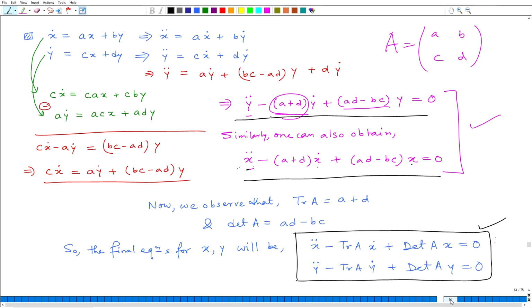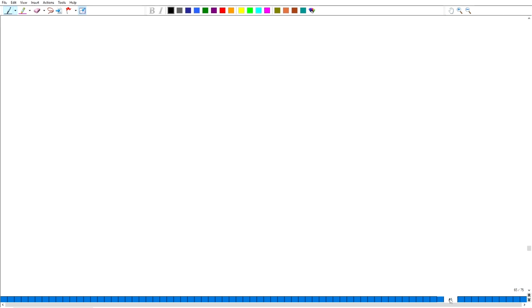Whenever I have this type of equation with constant coefficients, that is very important, we can have solutions like this. x is equal to some x 0 e to the power lambda t, which can be taken as a trial solution.